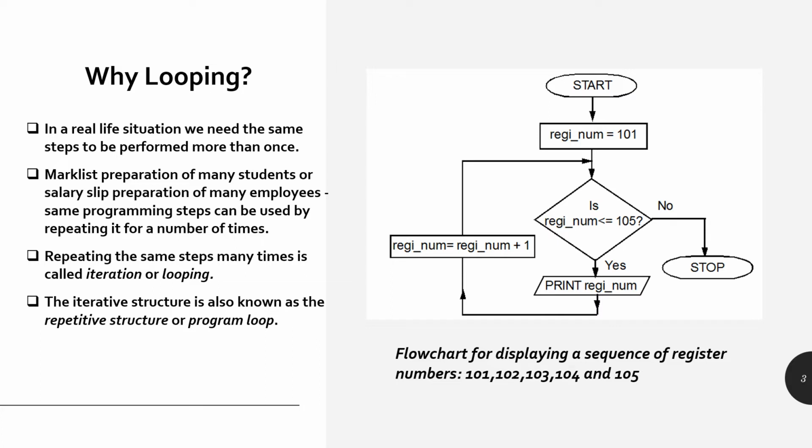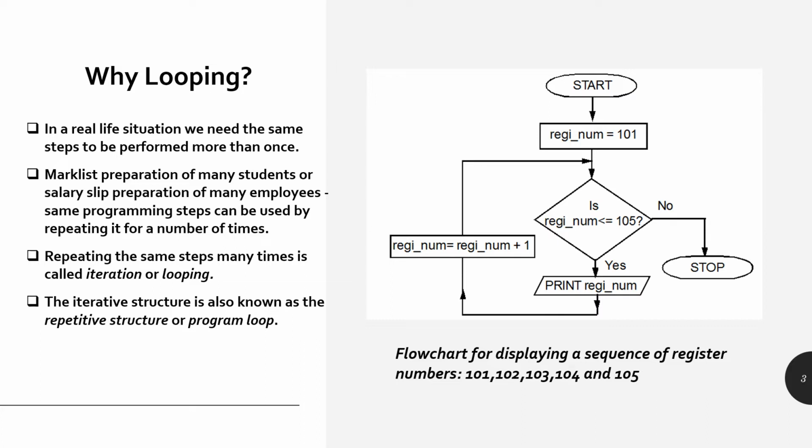In another scenario, for example, we want to calculate the mark list of students. The procedure of calculating the mark list is going to be the same. That means the code used for calculating the mark list for students is the same. The only difference is the student name, register number, total marks.